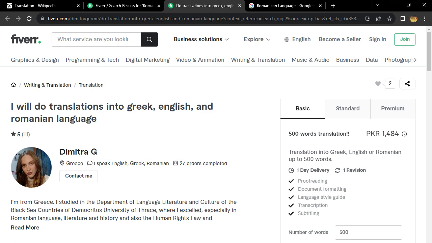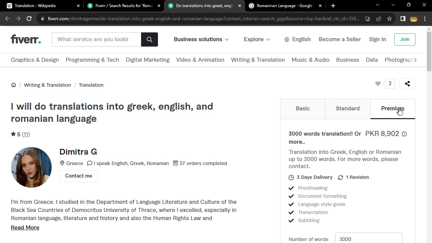Here you can see the pricing. Basic charges are 1484, standard charges 4451, and premium charges 8900. Till now she has completed 27 orders with 11 reviews and a 5-star rating.